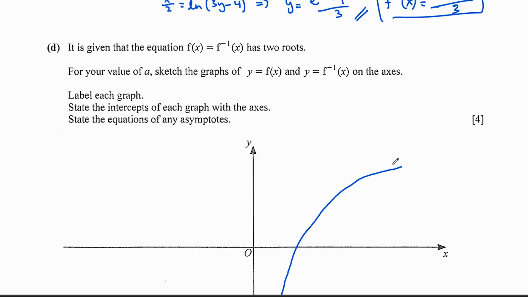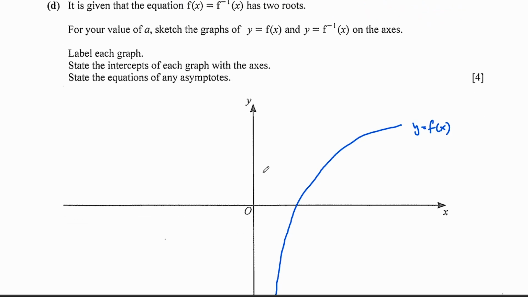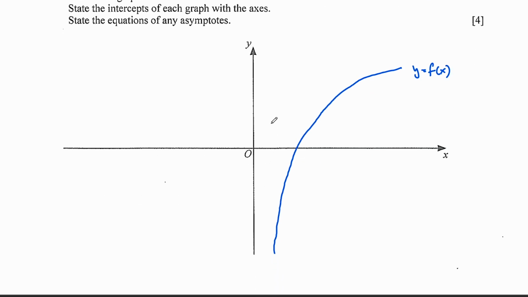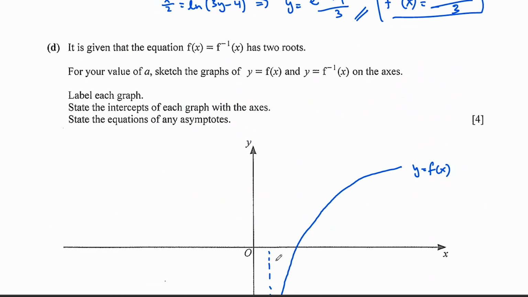Right, so I'm going to label this as y equals to f(x). And we know the asymptote, again use a ruler for your exams. So draw a dotted line to represent the asymptote at 4/3.